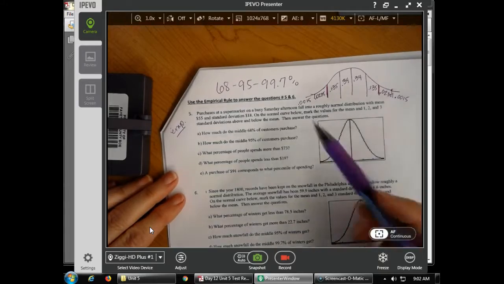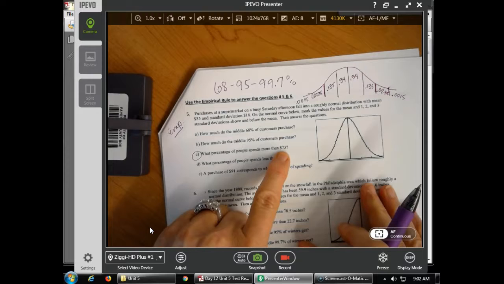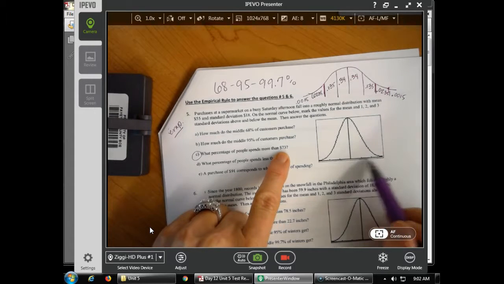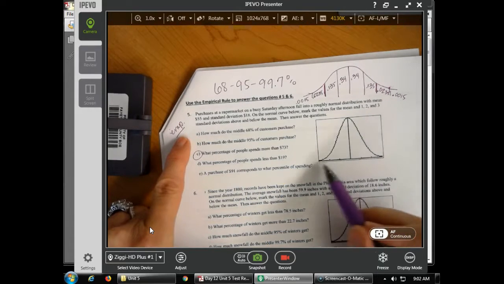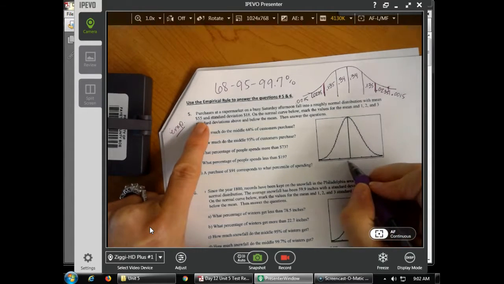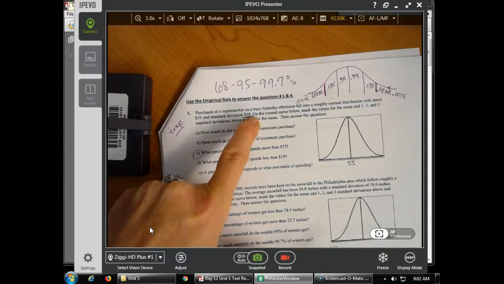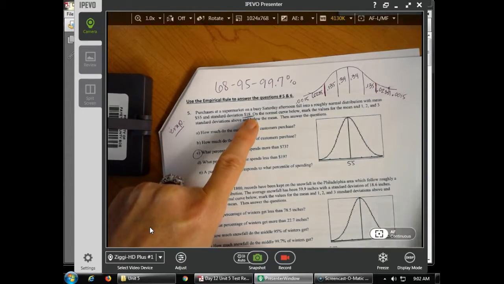Okay, so it was C that y'all needed to see here. Spend more than $73. So I'm going to have to fill in this. For the empirical rule, you want to fill in your horizontal axis there. The mean is 55, and I'm literally just going to add 18. Okay, tell me how good.